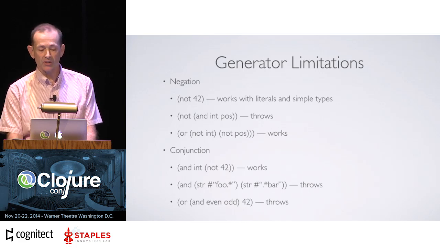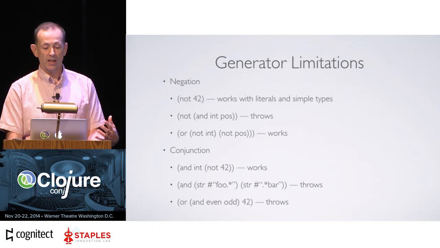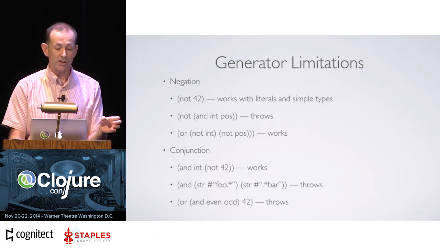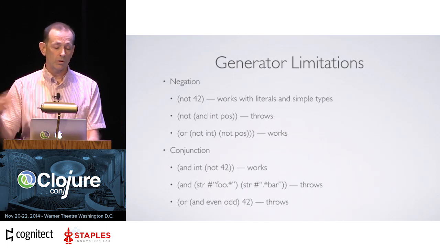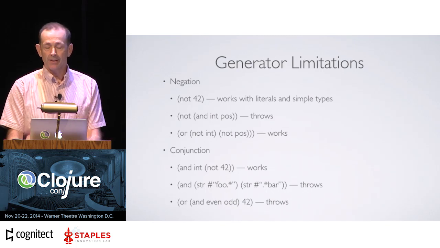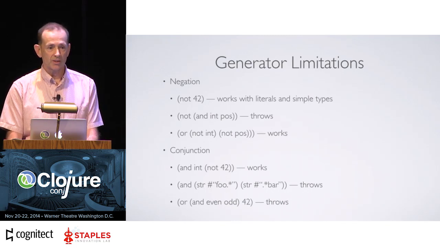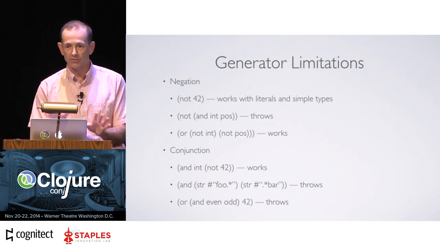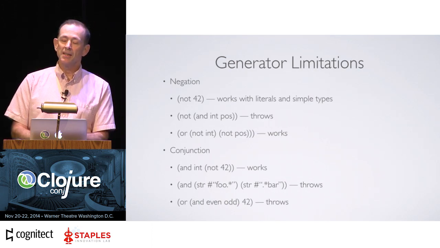The final case, I'm saying I want a generator that returns either something satisfying the first generator, which is and even and odd, or 42. Now, and even and odd, I know that's not going to work, just semantically. Even and odd numbers never overlap, all right?